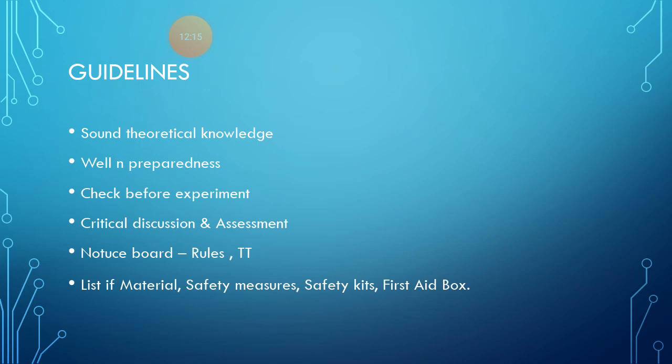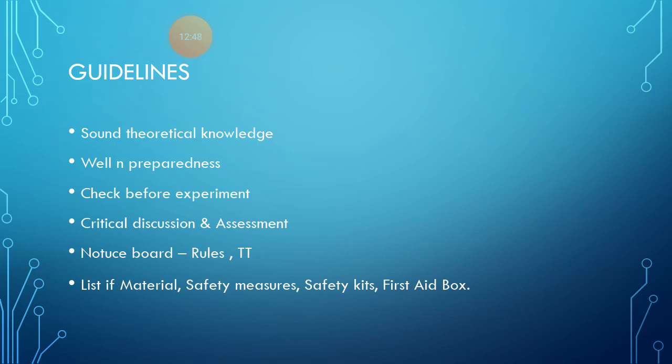For that, we have discussed the guidelines in the laboratory method of the 7th chapter. Again, we will see in brief the guidelines in organizing the laboratory work. The teacher and the students should have sound theoretical knowledge of the concept before going to conduct or demonstrate the laboratory work.